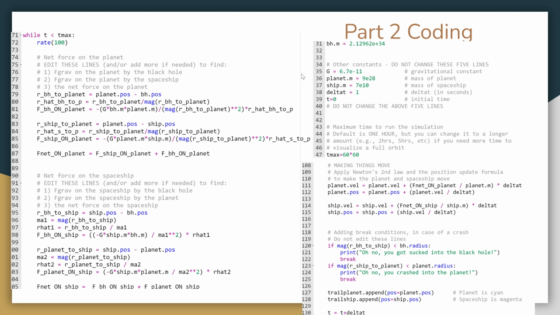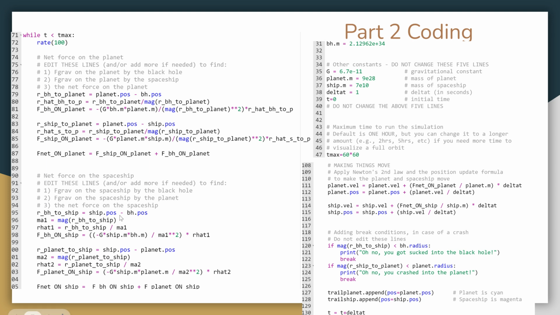You can see before going into the formulas, there are some of the initial values for the mass of ship, mass of planet, and then the black hole mass that I obtained from Part 1 coding. And I found F grav on planet by black hole and F grav on planet by ship, and then adding those two components together gives me the net force on planet.